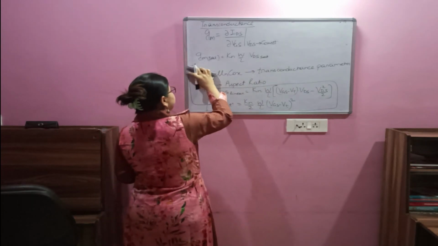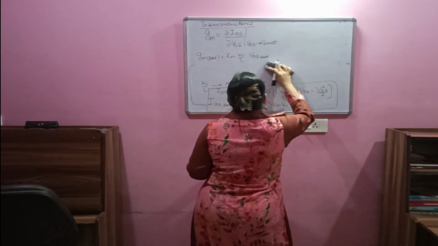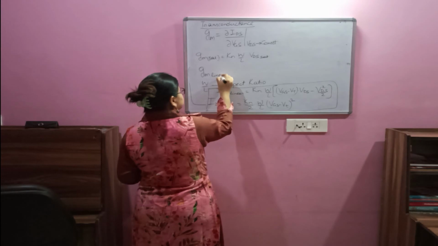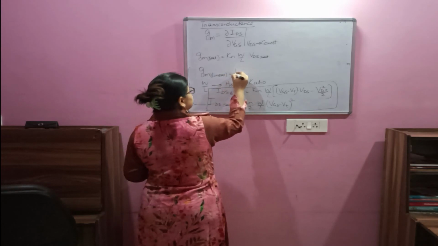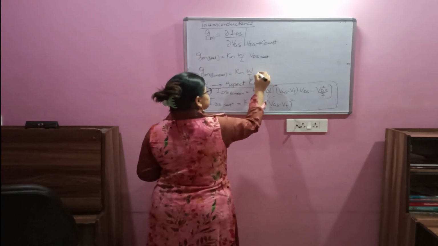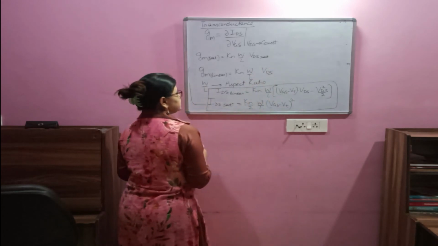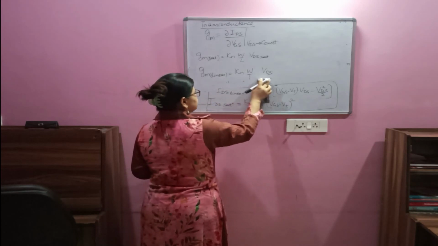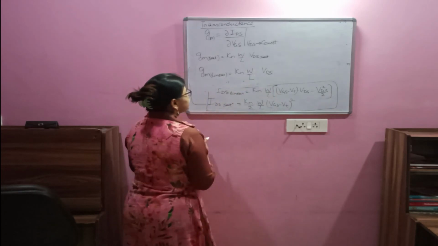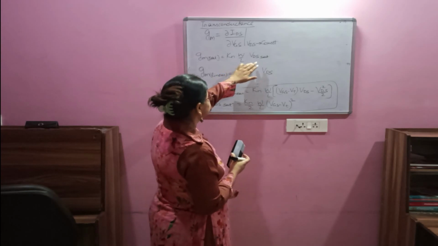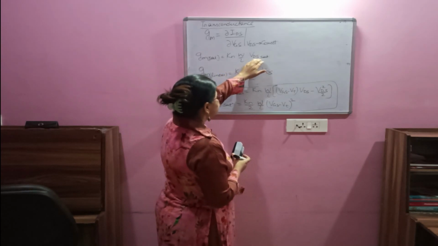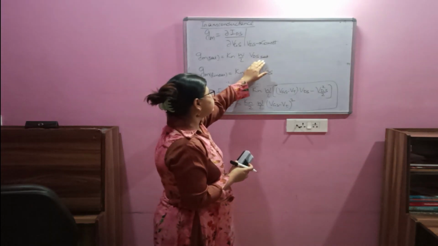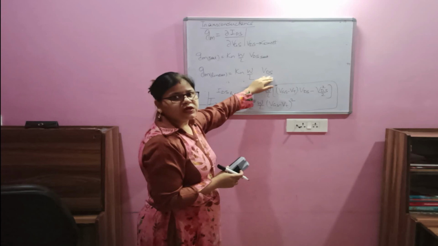Similarly, when I find it for the linear region, this will come as Kn into W by L into VDS, some function of this. Okay. So now from here you can see that the drain to source voltage in the saturation region is obviously a higher value than the drain to source voltage in the linear region.